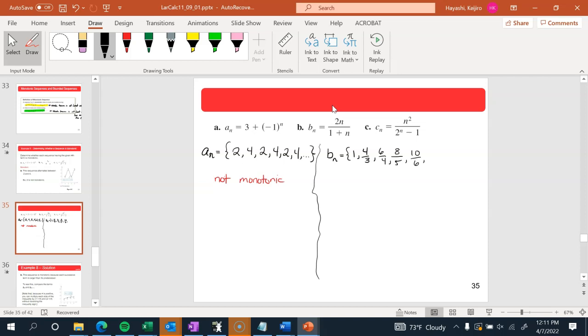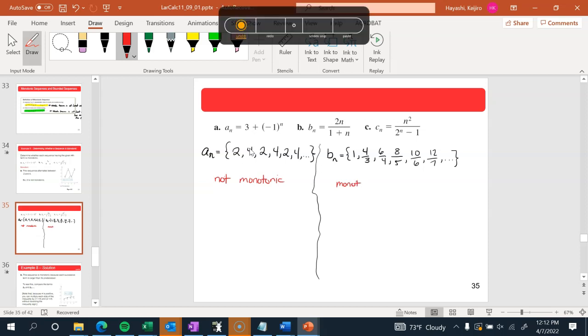I mean, it's easier to see what's going on when you don't simplify them. 12/7, and so on and so on. Now, these values do appear to be strictly increasing. Each one is at least as large as the previous one. So you might venture a guess that this is monotonic because it's only increasing. And you'd be right.